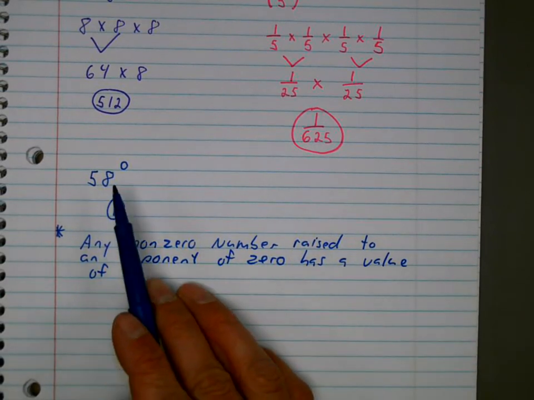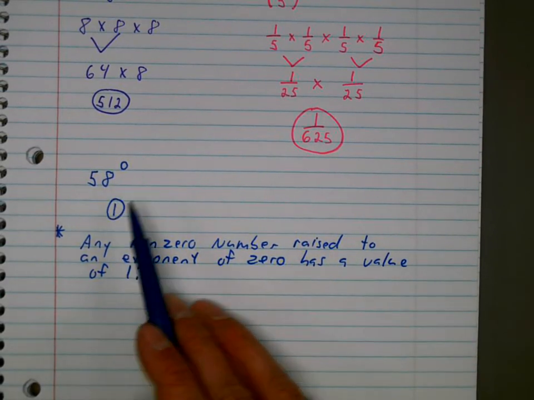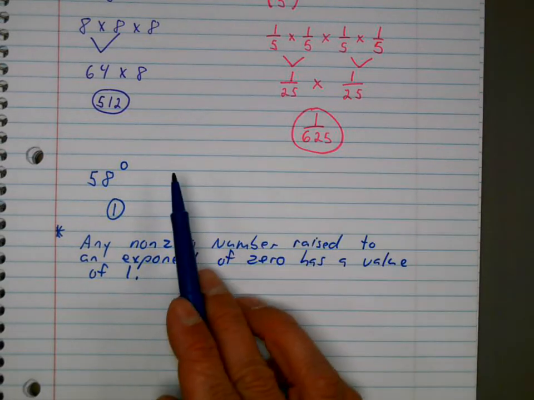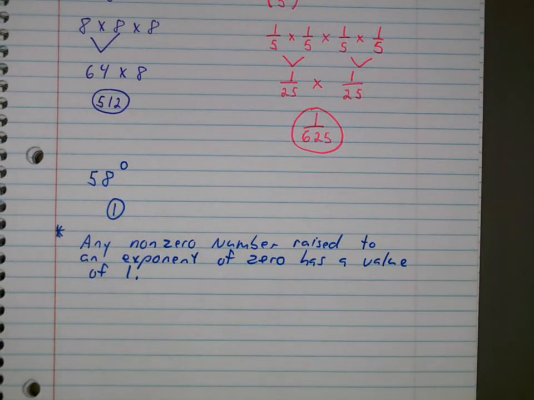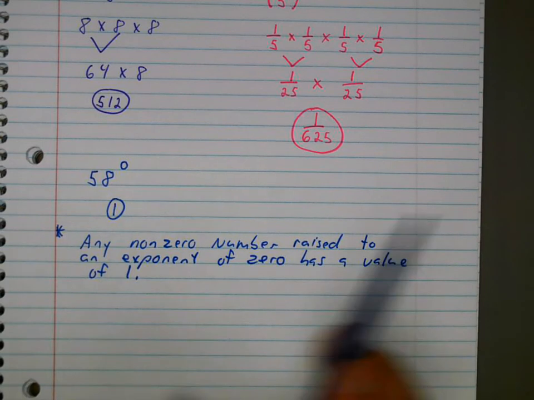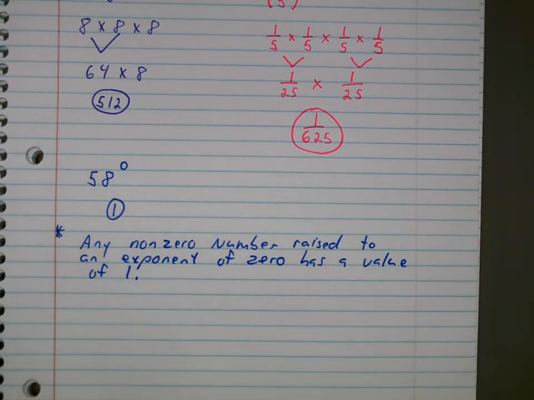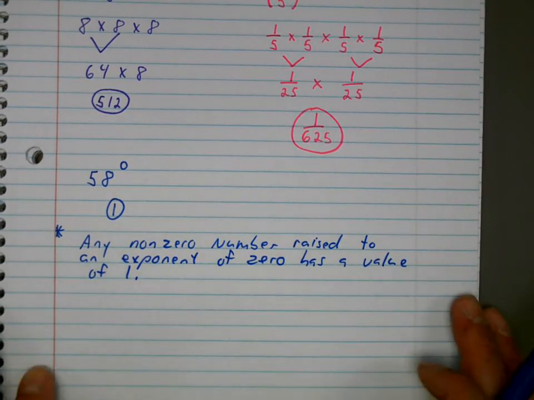So it doesn't matter if it's 58 to the 0 power, which equals 1, or maybe it's 1/5 to the 0 power, that's going to equal 1, or if it's 2.7 to the 0 power, it's always going to equal 1, just as long as it's not a 0. If it's 0 to the 0 power, that's going to be undefined.